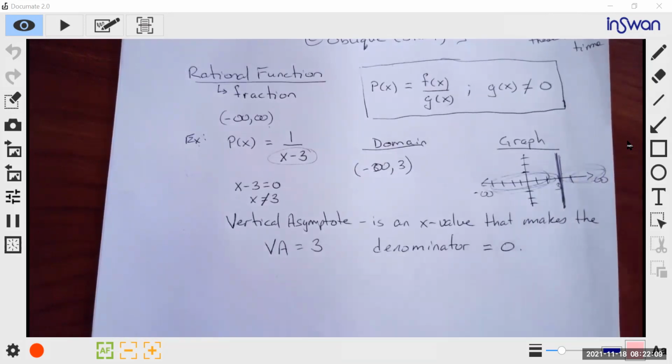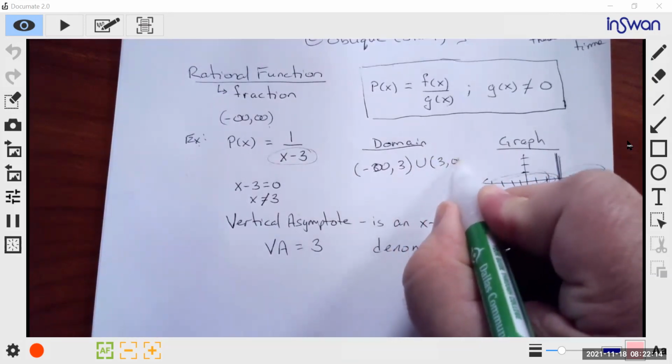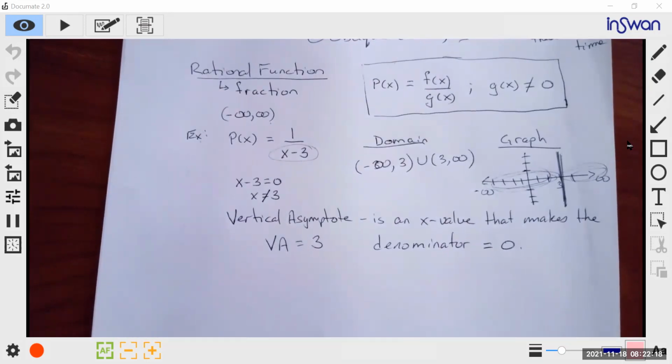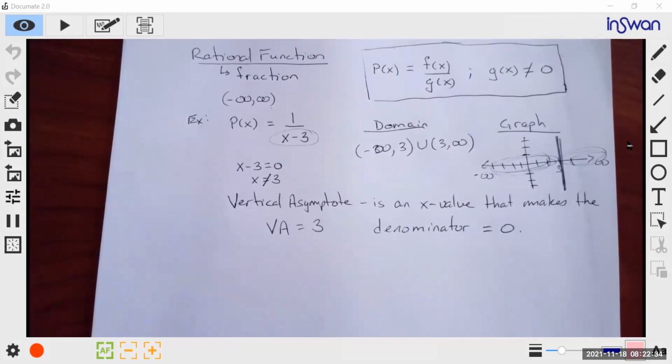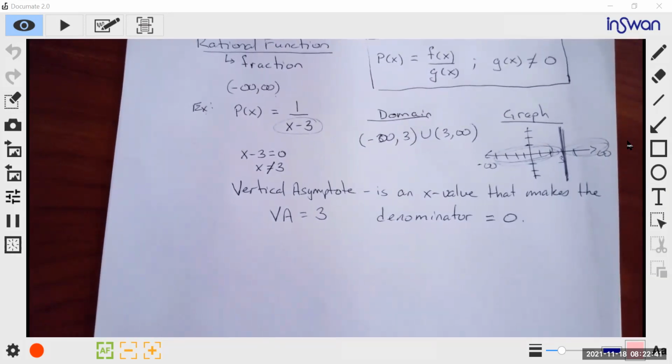We can use anything there too. From 3 to positive infinity. There's my new domain. So we use set notations to determine what the intervals of our domain are.